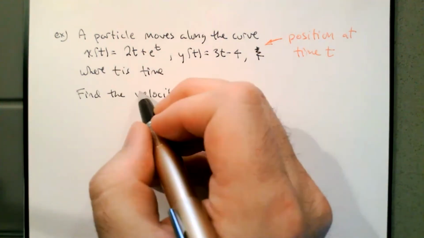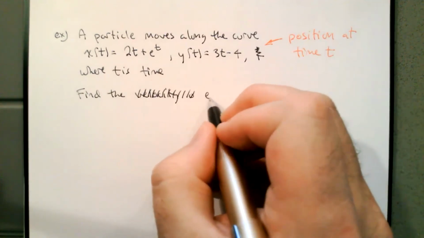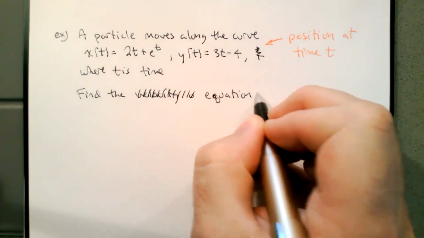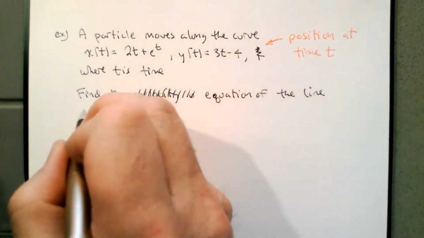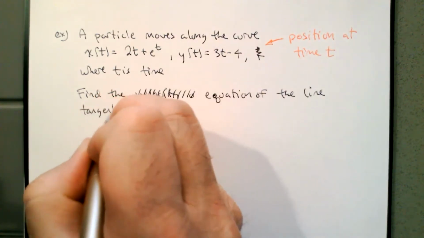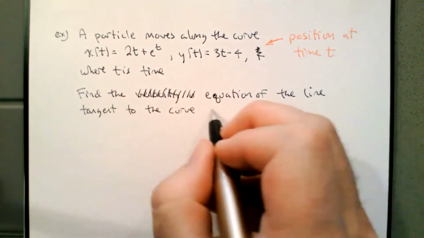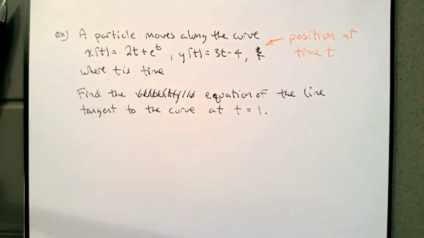Actually, let's find the equation of the line tangent to the curve at t is equal to 1. Let's find the equation of the line tangent to the curve at t is equal to 1.